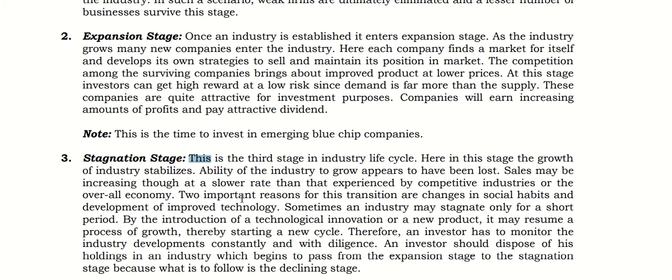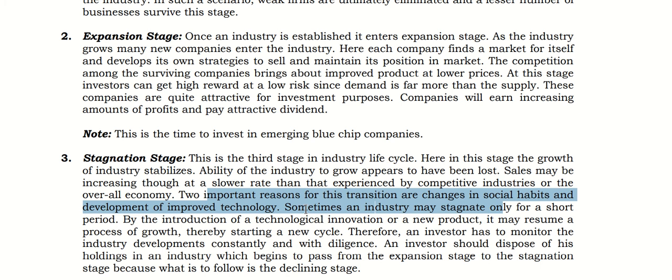So two important reasons for this transition are change in the social habits and development of improved technology. These two very important things decide how long everything is stagnated, like how long the company can really sustain in the market. First is social habits, like how people are reacting to new things. Are they really adaptive? Are they fast adopters of things, or do they take time?